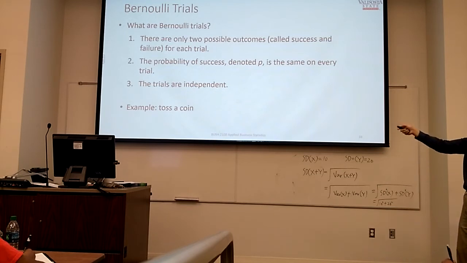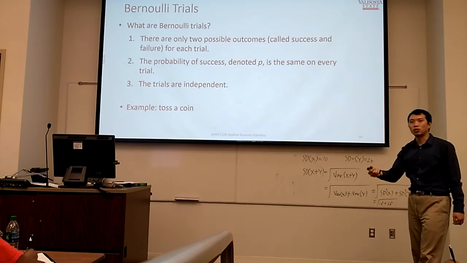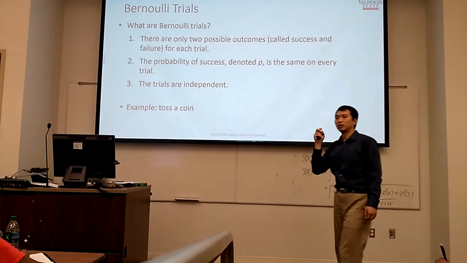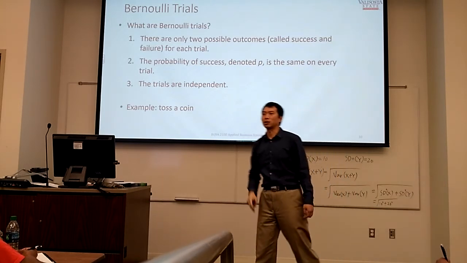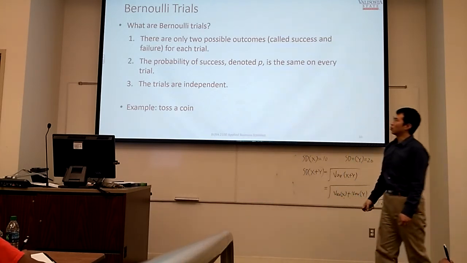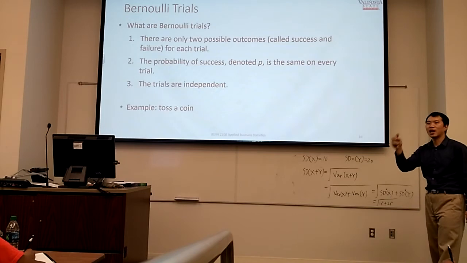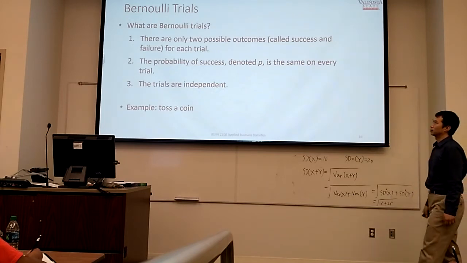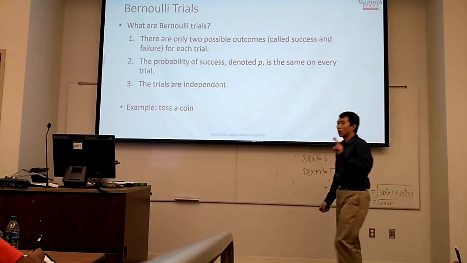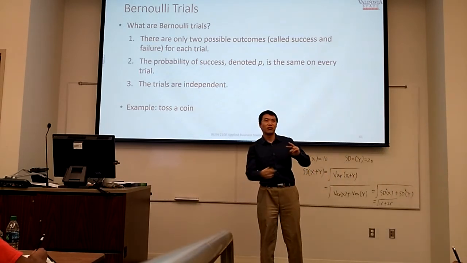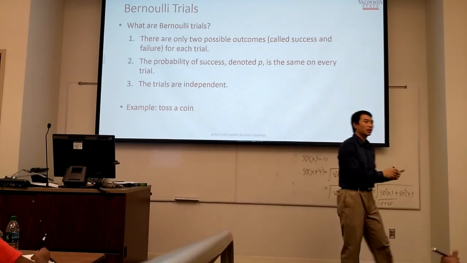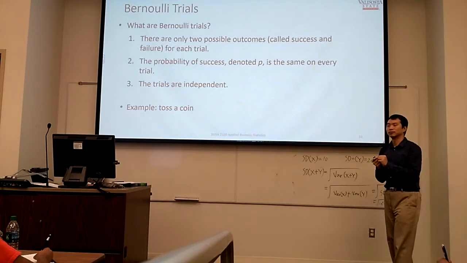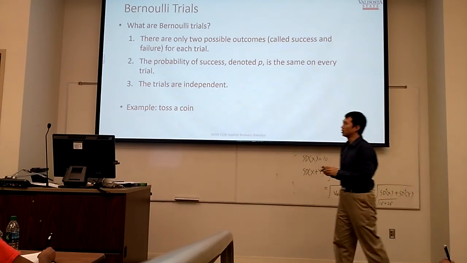The first condition is that for each trial, there should be 2 possible outcomes. For those 2 outcomes, we define one as success and one as failure. So this is one condition.